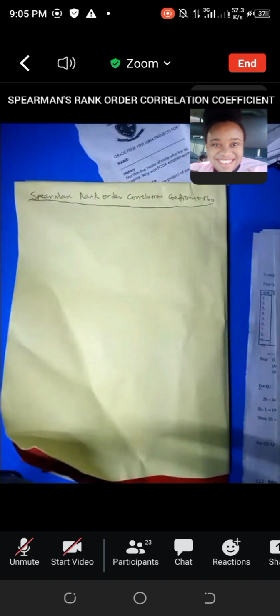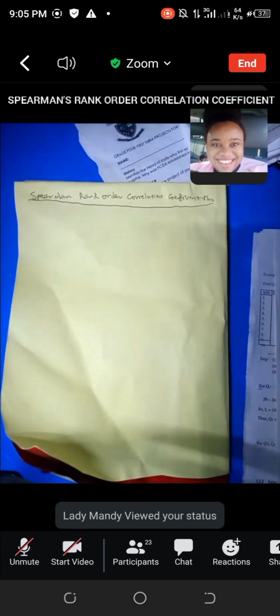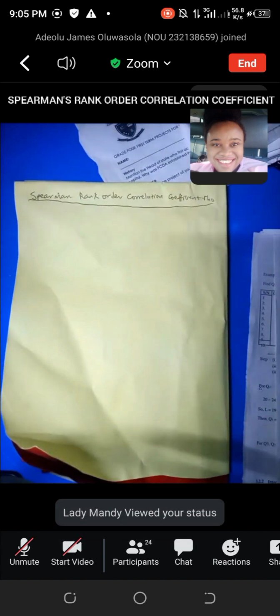As I said yesterday, correlation is about checking or finding the relationship between two variables and to see the extent of the relationship, whether it is strongly positive or strongly negative, and their values are between -1 and +1.